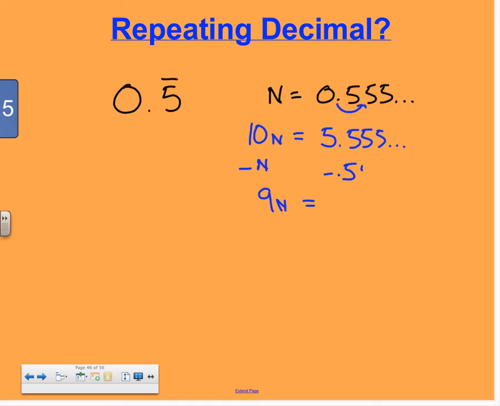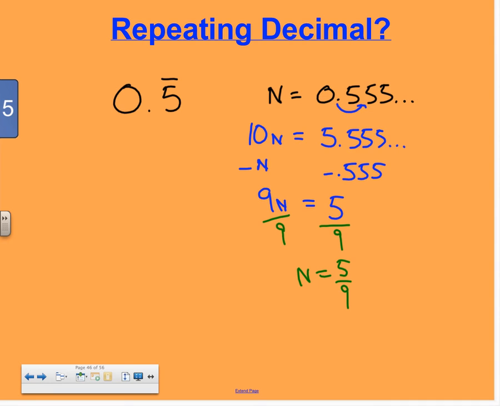So if I subtract 555, I'm left with just 5. Okay? Now I want to get n by itself. What do I do? Divide by 9, divide by 9, and now I've got 5/9. So, a very long, complicated way of saying that 0.5 repeating is the same as 5/9.